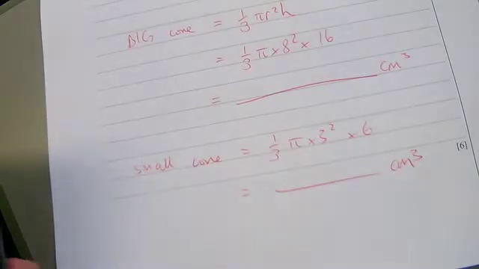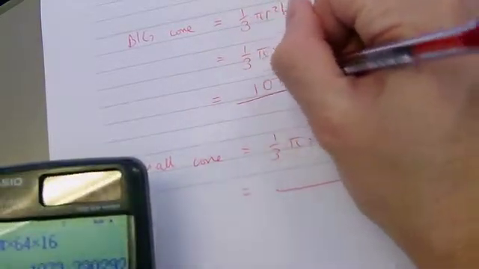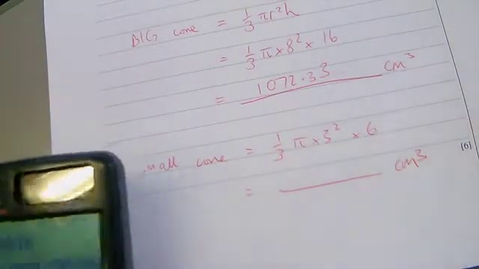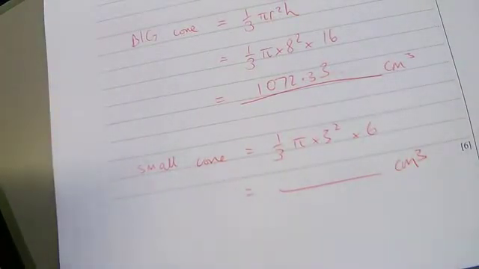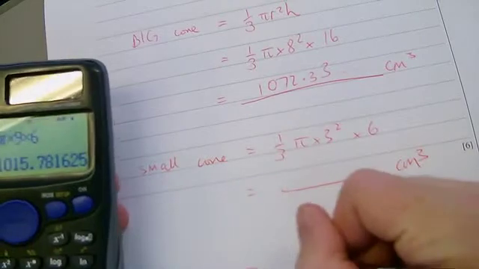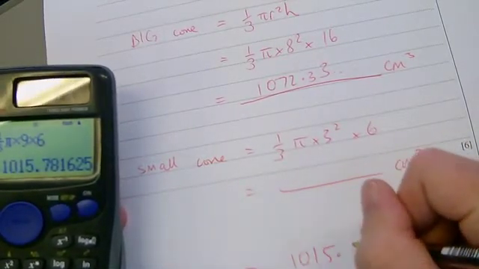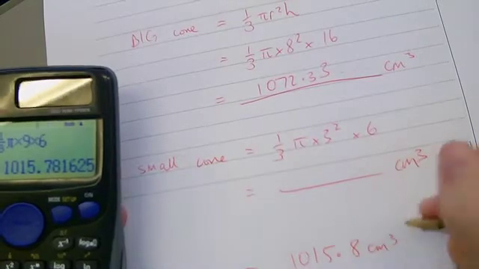So I make the first one 1072.33 and so on, and then I'm going to do answer take away 1/3 pi times 3 squared times 6. Right, I've got my overall answer as being 1015.8 centimeters cubed.